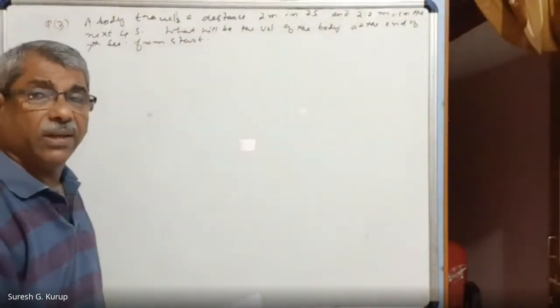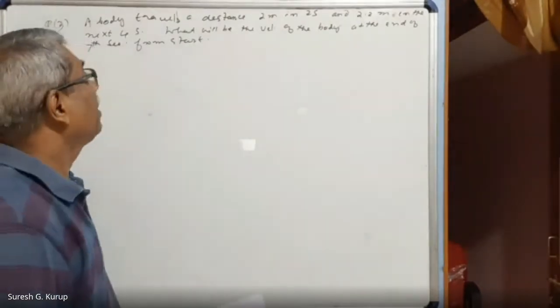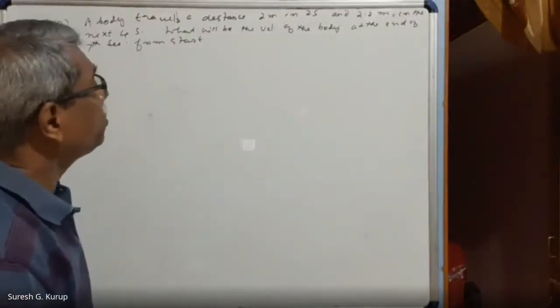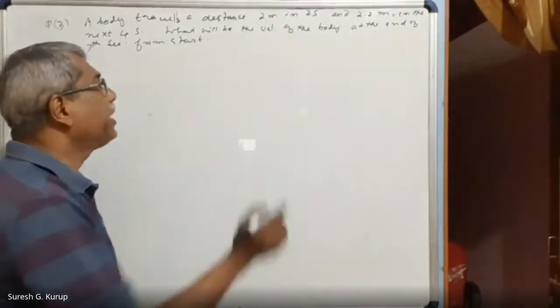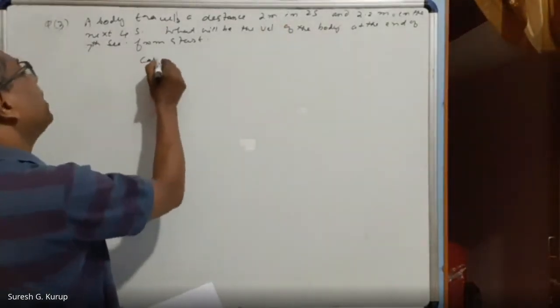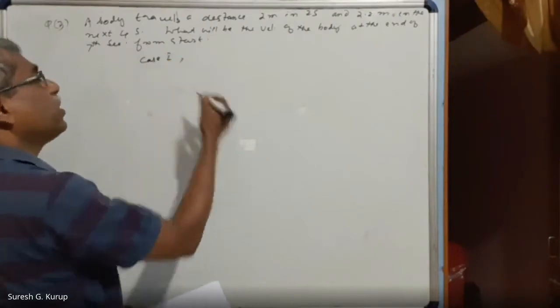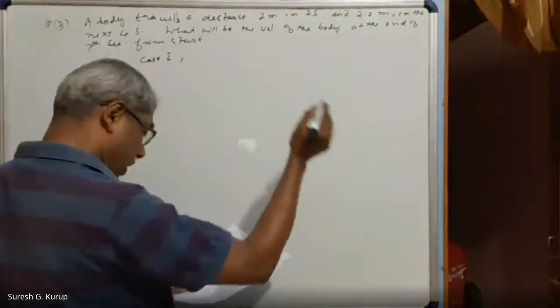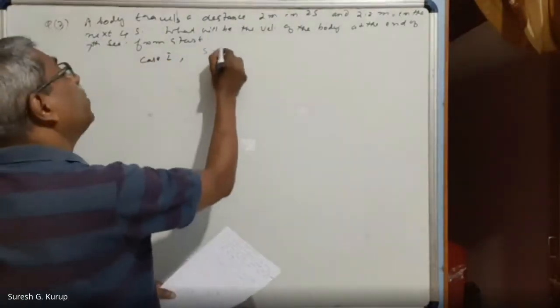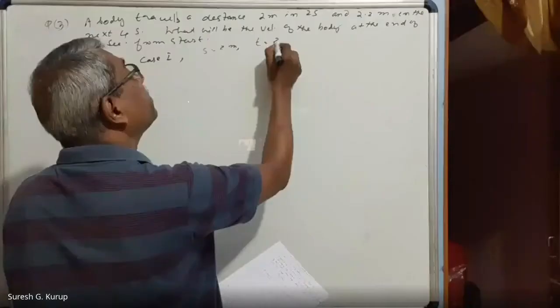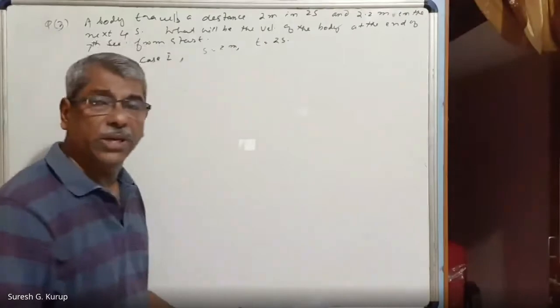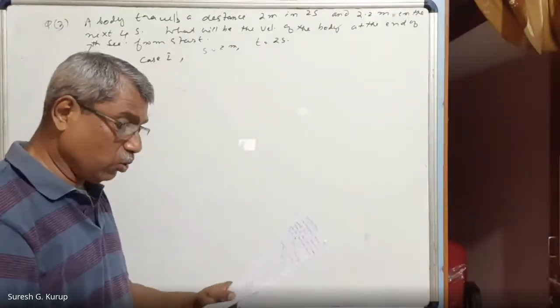There are two cases in this question. First case is that in the first 2 seconds the body travels 2 meters. So this is case 1. S is equal to 2 meter and t is equal to 2 seconds. That means in the first 2 seconds the body travels 2 meters.